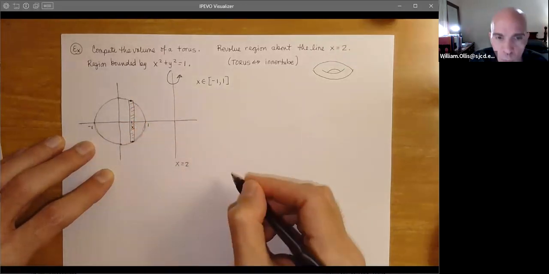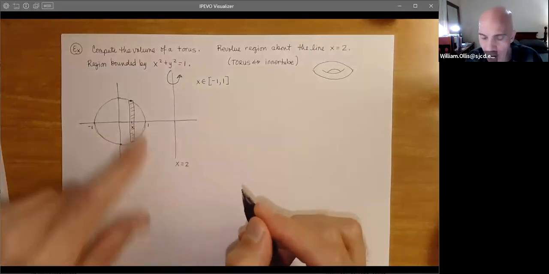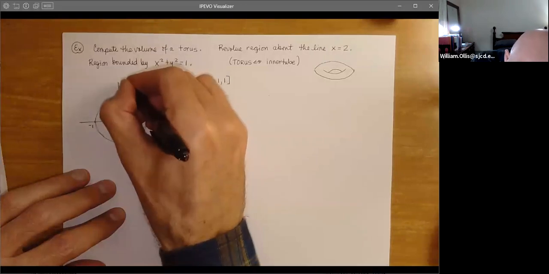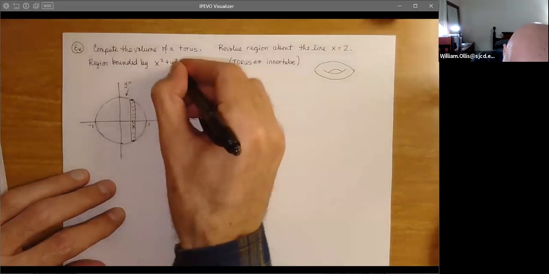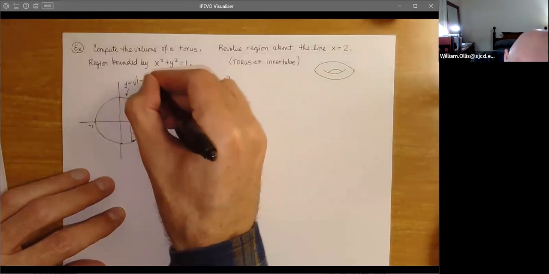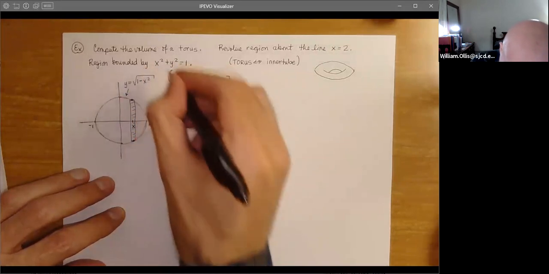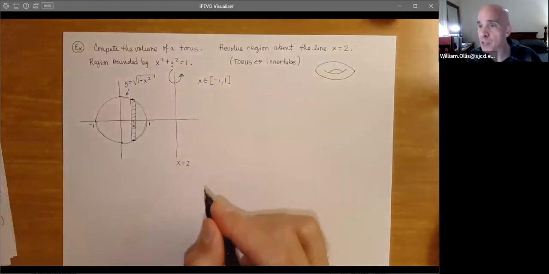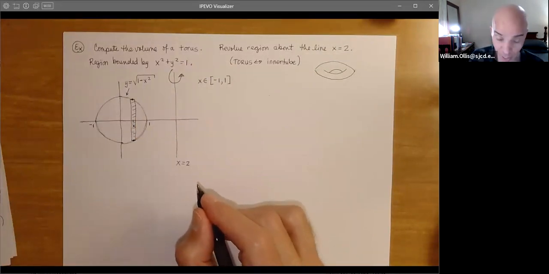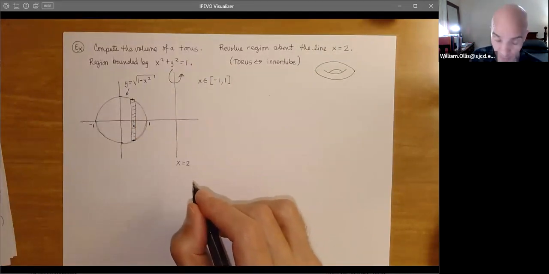Now, of course, we have the algebra of the unit circle. So this upper curve here is just y. If we just take a principal square root, it will be the square root of 1 minus x squared. So now we're set up. I mean, we don't have to do all the complicated algebra that we did in the last problem, because we've already got a nice independent variable.